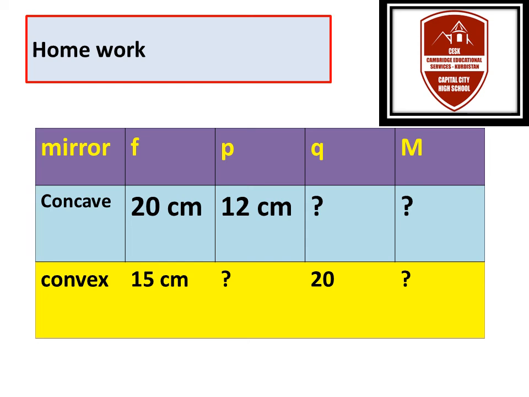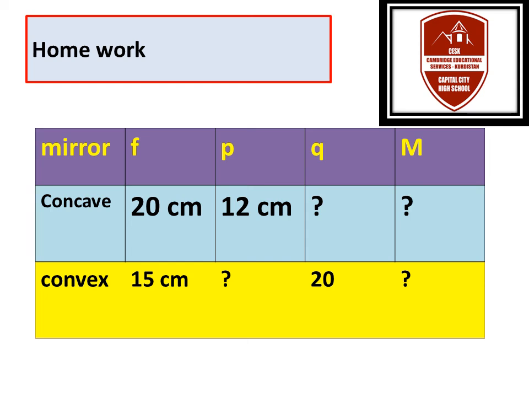Number 2, because P is less than F, and P is the distance of the object, here 12 centimeter, less than F. What does it mean?